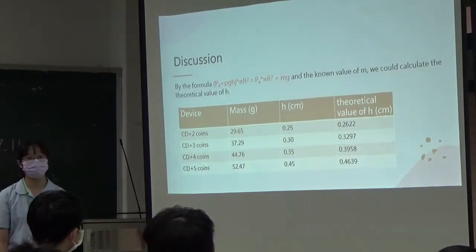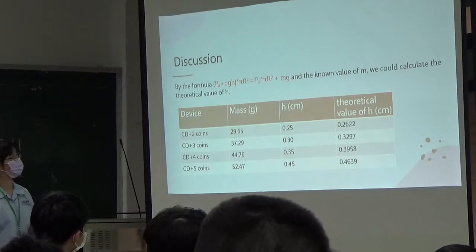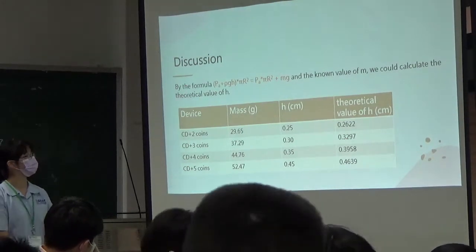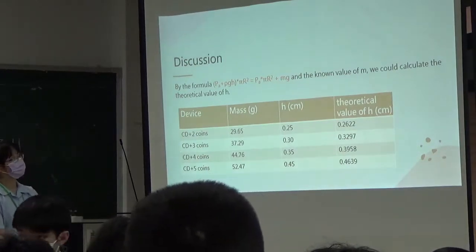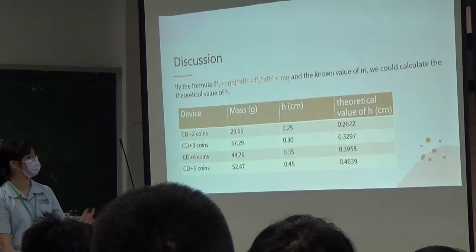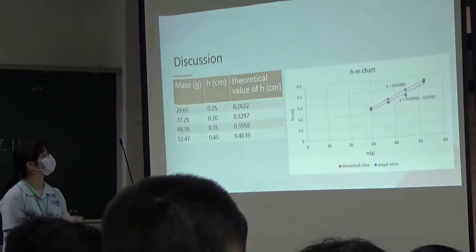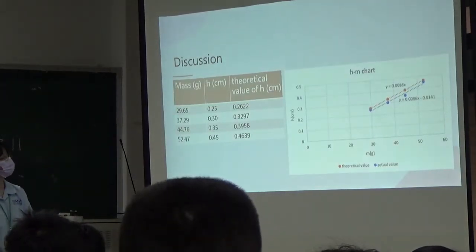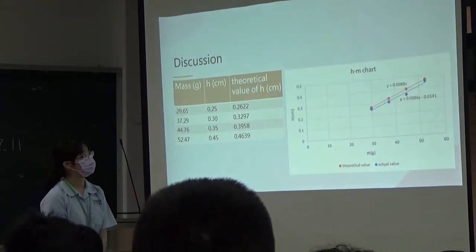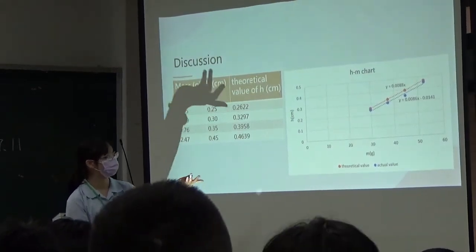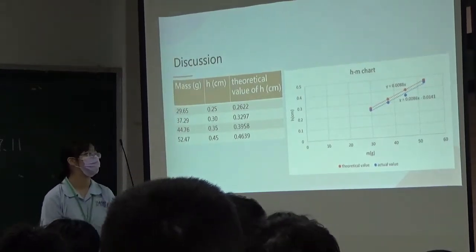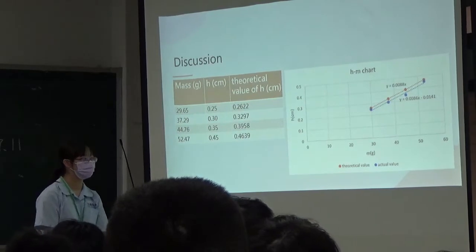By the known value of m and the formula we just derived a few pages before, we can calculate the theoretical value of h, and we put them in the same sheet. We made it into a chart, where the orange line is the theoretical value and the blue line is the actual value.